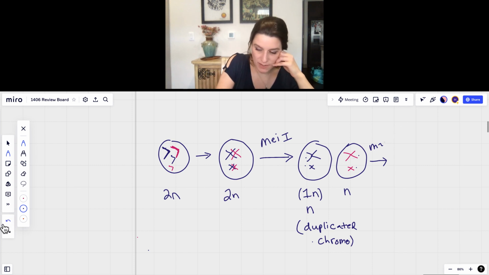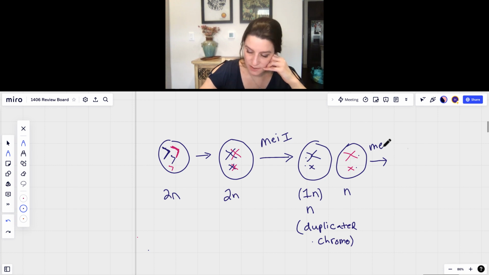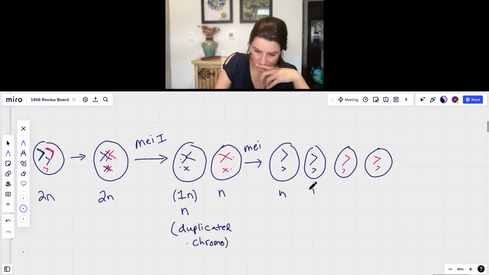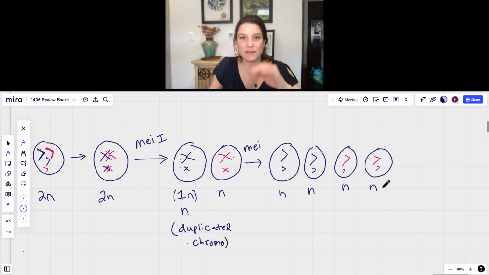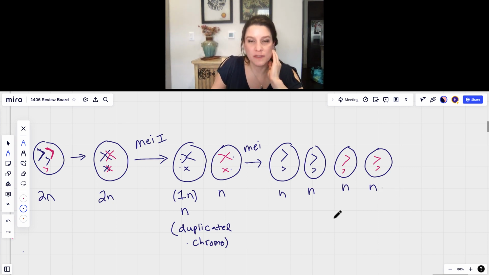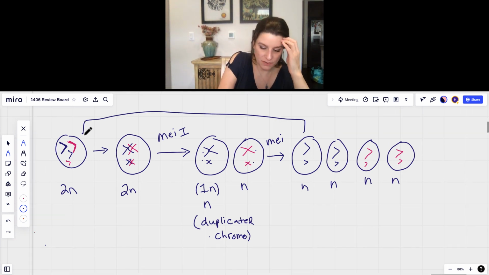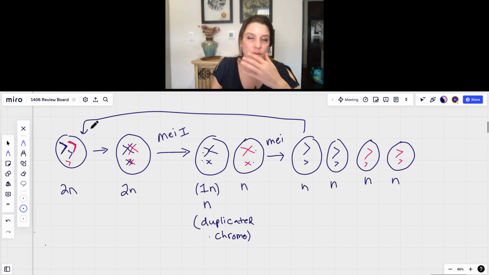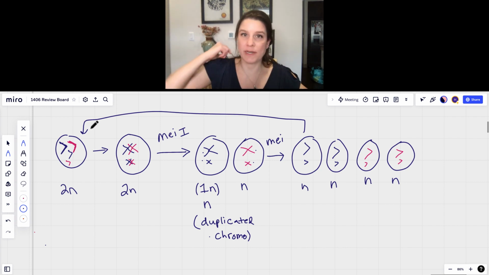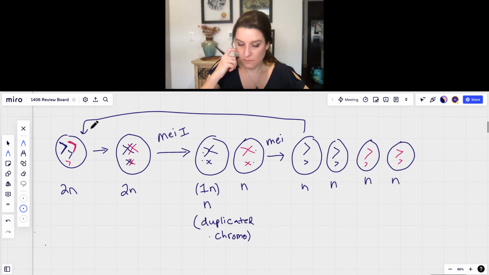That's meiosis 2. Meiosis 2's job is to separate the sister chromatids. So then you still have haploid cells, one big and one little, but they now have unduplicated chromosomes. And so you can see this is like what we had at the beginning, except with just one big and one little instead of two bigs and two littles, which is why they're haploid now. So they have half the genes.